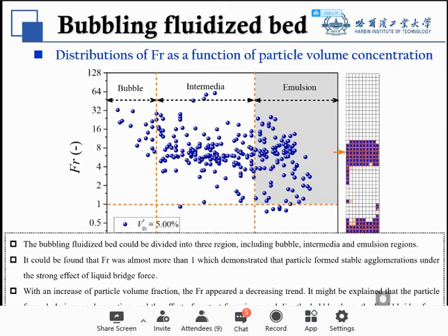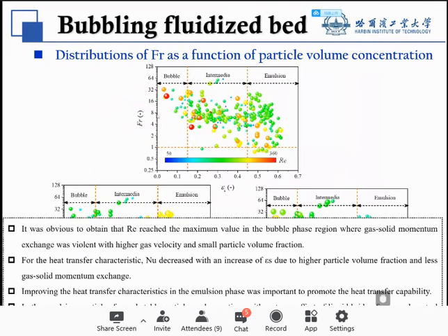For the bubble phase, the liquid bridge force was obvious because particles have less collision due to the lower particle volume fraction. On this page, we also analyze the relationship among Fr, Reynolds number, Nusselt number, and Sherwood number.